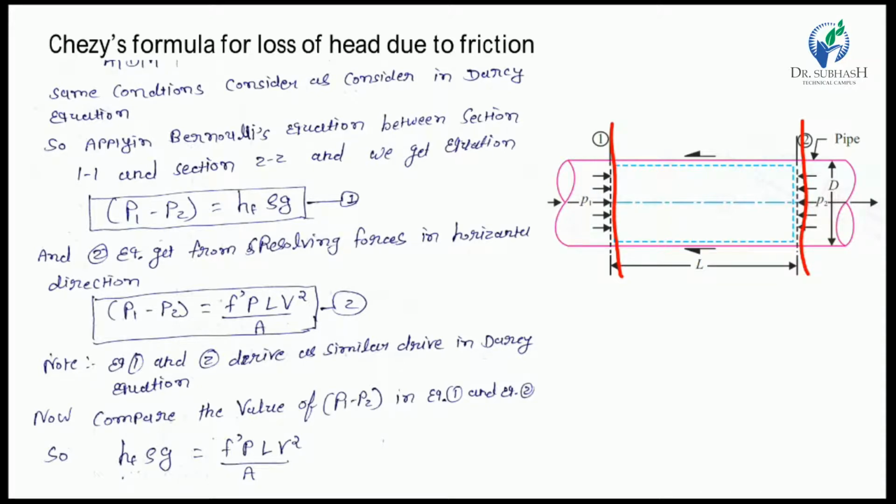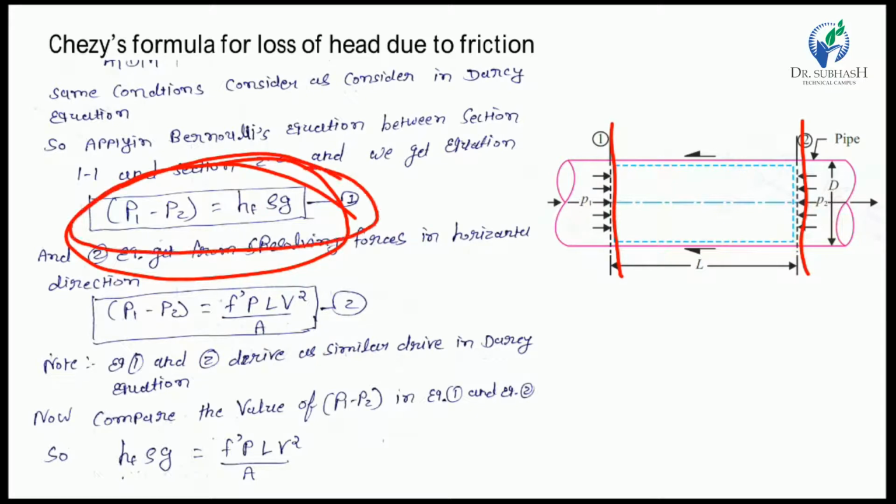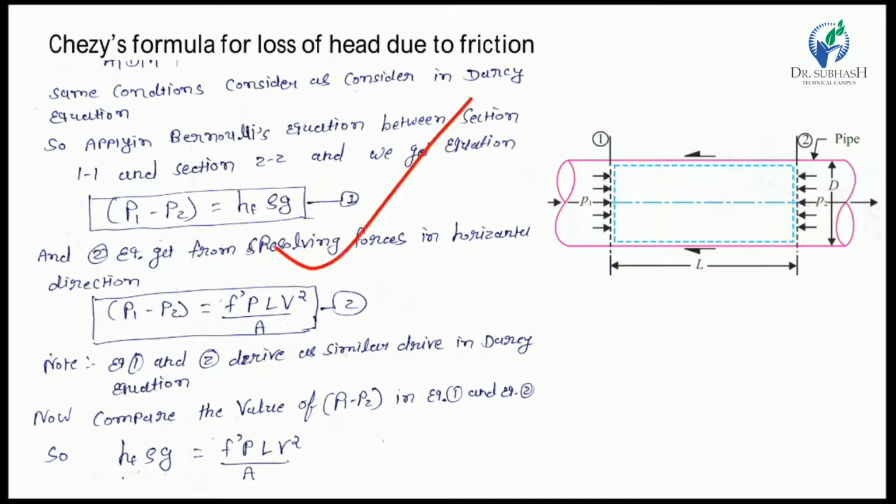Earlier we discussed applying the Bernoulli equation, and we get the equation for the pressure difference P1 minus P2 is equal to hf rho g. So we do not discuss it further; we found this equation earlier in Darcy-Weisbach.